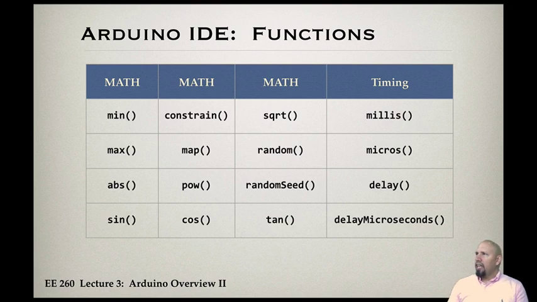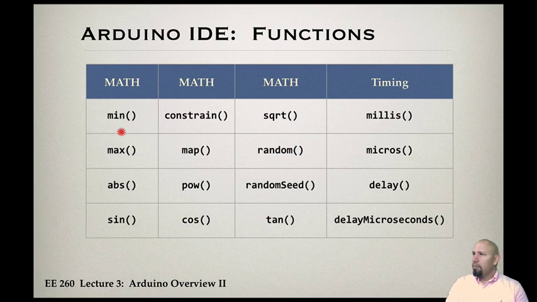These are the predefined math functions that are available in the Arduino IDE. Obviously there are many functions that are missing. We have a very limited set of functions. For example, arctangent, arccosine, hyperbolic cosine, a lot of things are not here. Exponential, exp, a standard function, is not here.